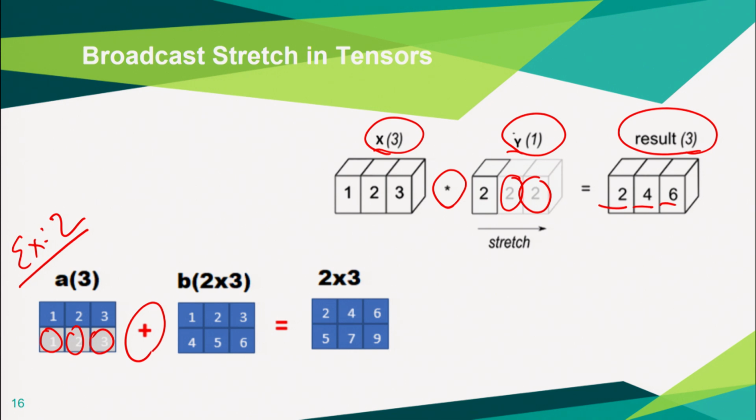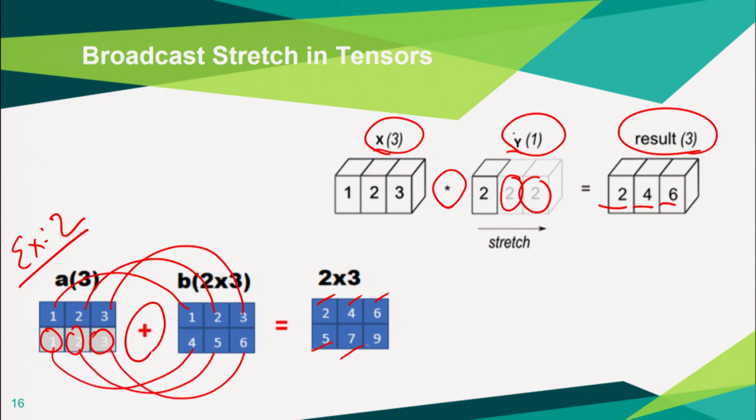Again, these 2 by 3 elements individually get added: 1 plus 1, 2 plus 2, 3 plus 3, so we get a result of 2, 4 and 6. Similarly, 1 plus 4, 2 plus 5, 3 plus 6, we get 5, 7 and 9. So, using the concept of broadcast stretch in tensors, the two tensors can be used for any type of operations like addition, multiplication, etc., if the tensors are compatible.